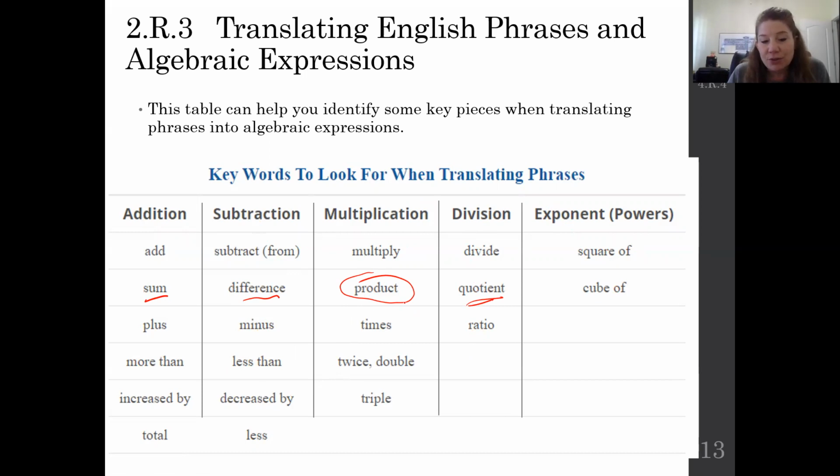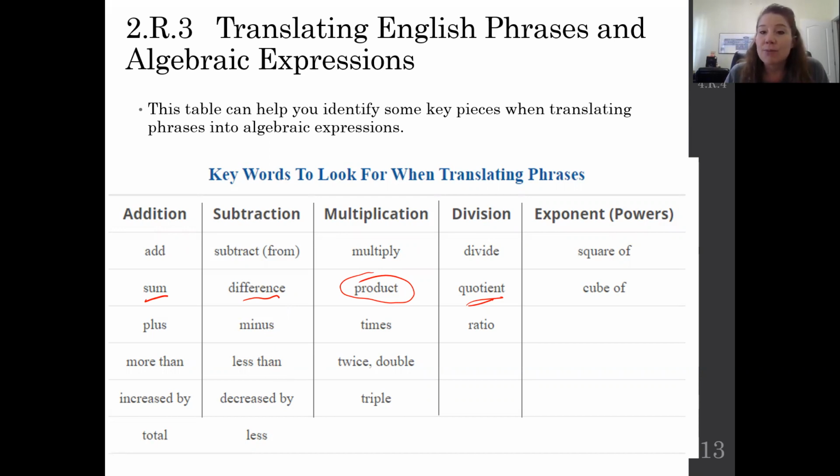So I circled or underlined a few main terms, but really you need to know all of these terms. So if I said 5 less than 10, you need to know that you are subtracting. Also, one of the things about subtraction and division especially is that the order of the numbers is very, very important.